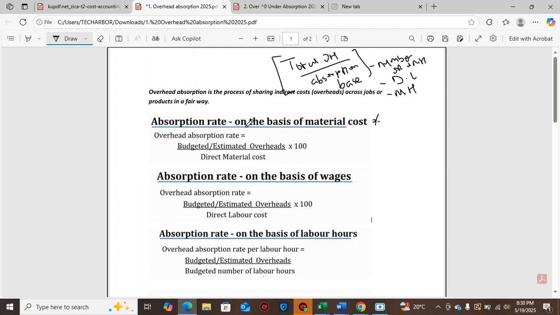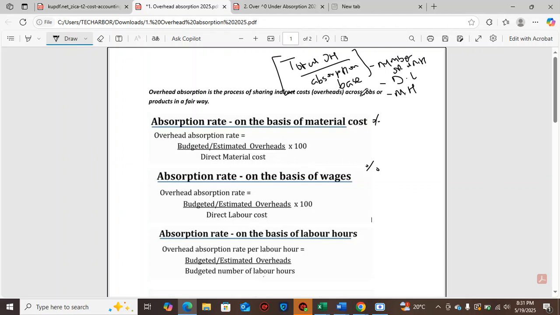If you want to use the basis of wages, this one also uses a percentage. So for direct materials and wages, you usually get them in percentage format by multiplying by 100.